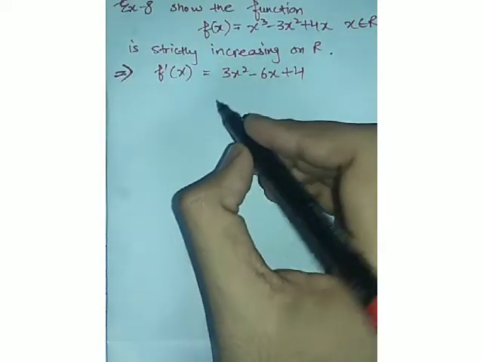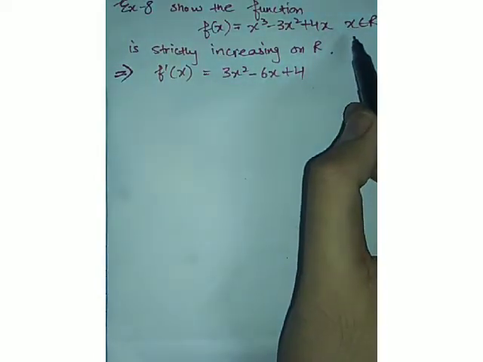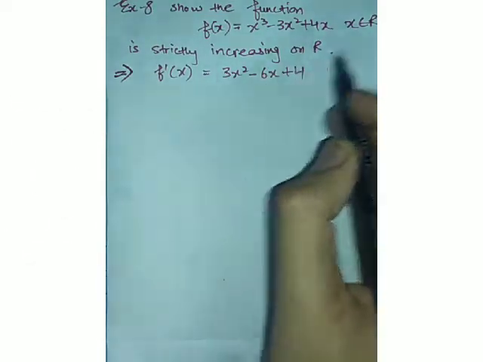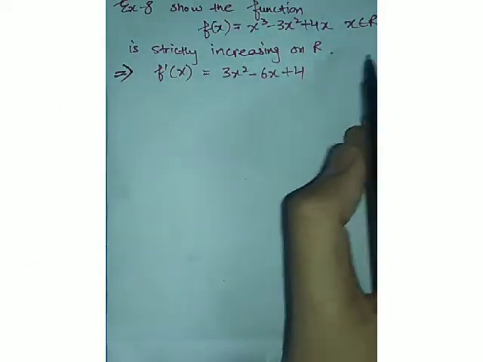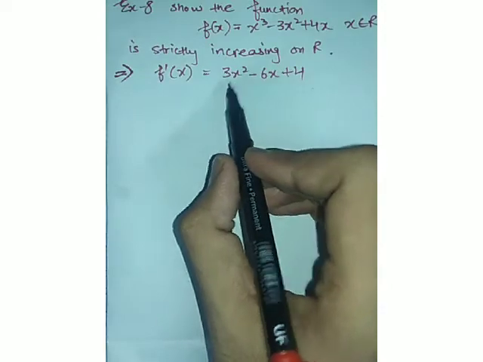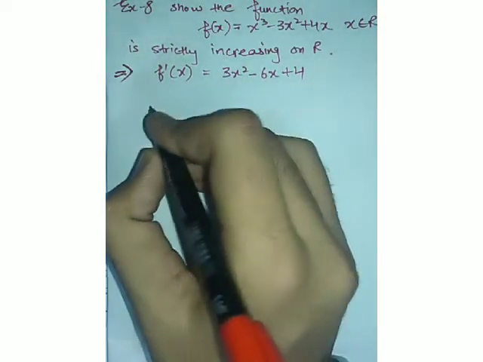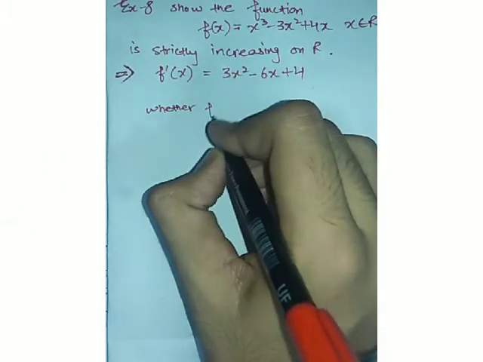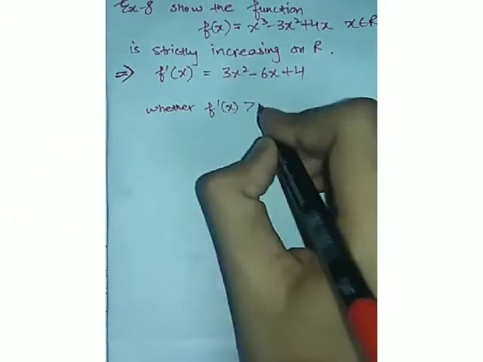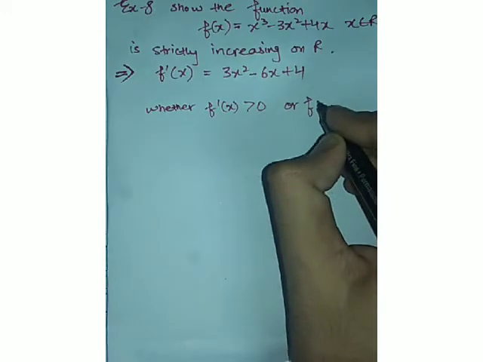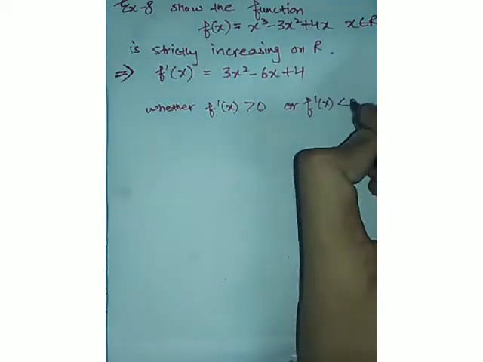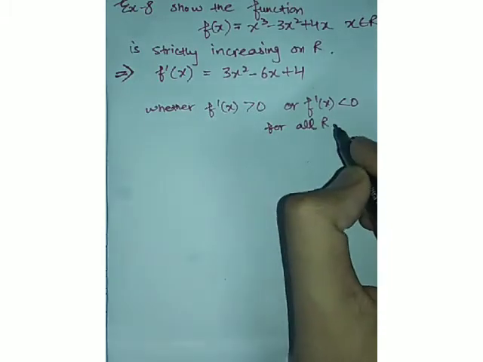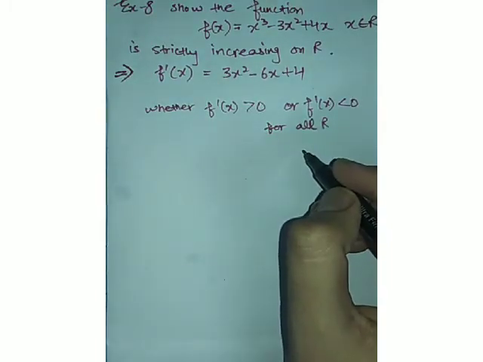Okay. And after that, now we have to find whether the function, for any value of real numbers x, will be increasing or decreasing. That is, we have to check whether f dash x is greater than 0 or f dash x is less than 0 for all R, or you can say for every interval of R. All right.